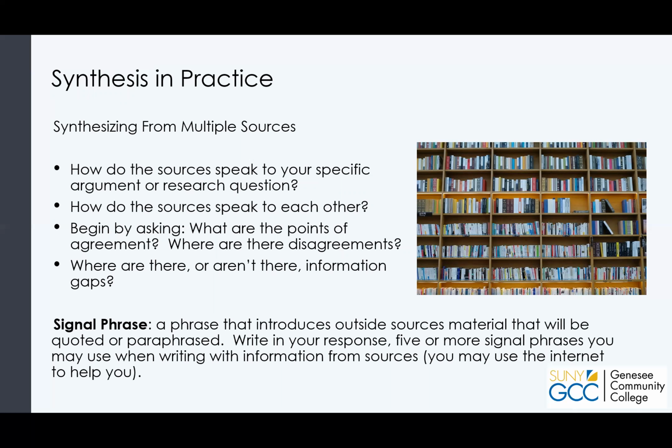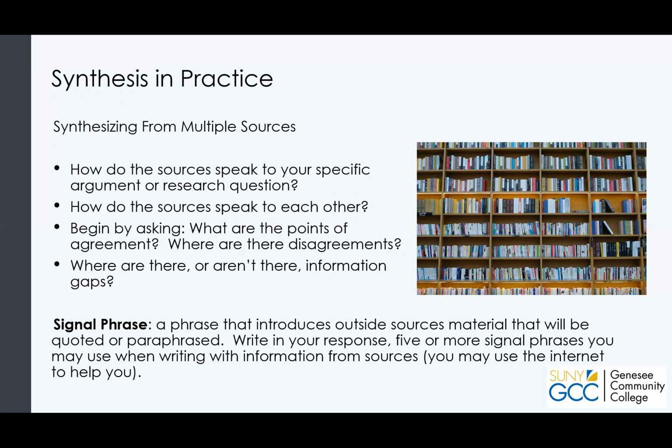to create your final piece. Now, when you're writing and you want to cite information from a source, we use things called signal phrases. I know we discussed this briefly in the research modules earlier. A signal phrase is a phrase that introduces outside source material that you will be quoting or paraphrasing.